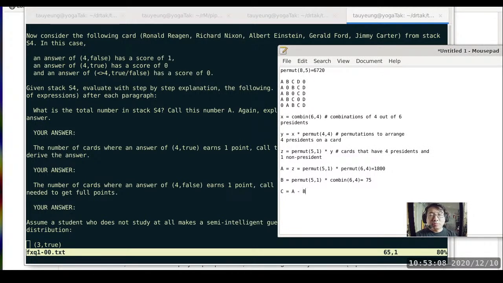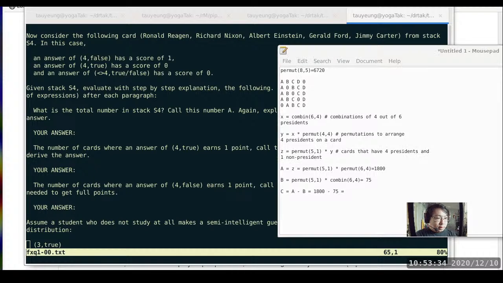Okay, because when you're looking at a card with exactly 4 presidents on it, either it has the order right or it has the order wrong. So once we have counted that there are only 75 of them that have the ordering being correct, then the rest of them would have the ordering being incorrect. So that's why C is just A minus B, which is 1800 minus 75 in this case.